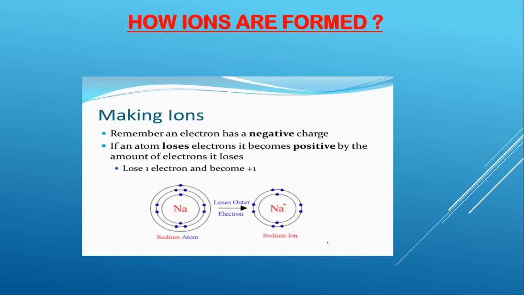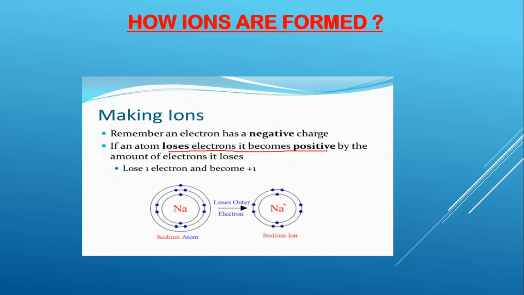So in this way the ions are formed. Just now we saw that when atoms form molecules, they either gain, lose or share electrons. Whenever an atom loses electrons, that means it gives away the electron, it acquires a positive charge.